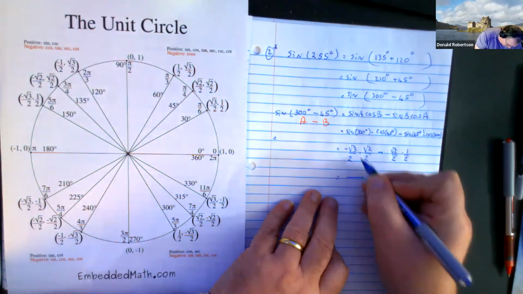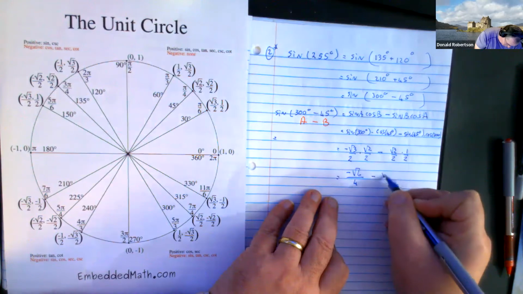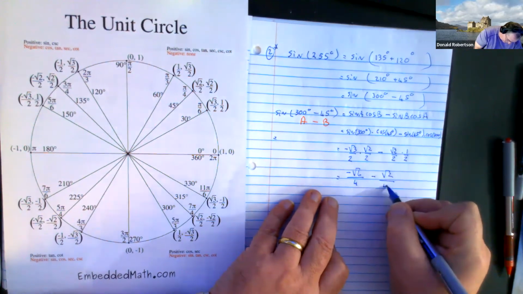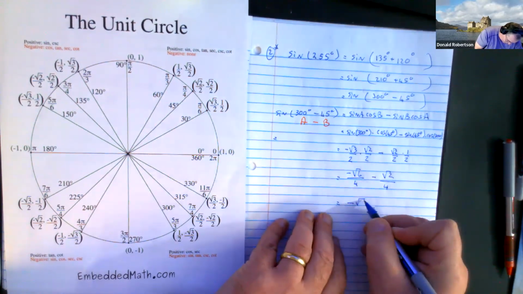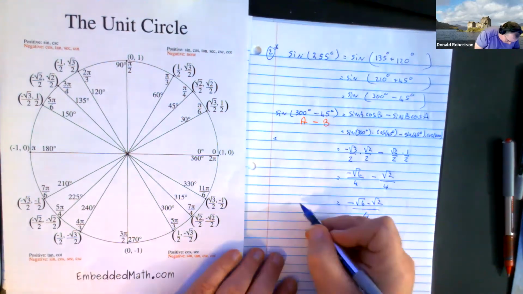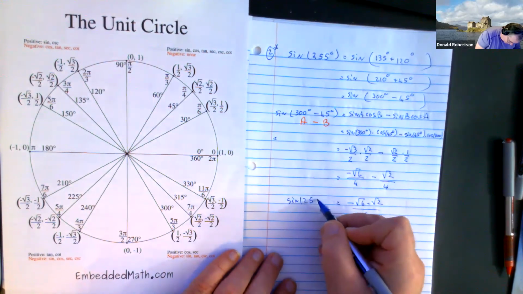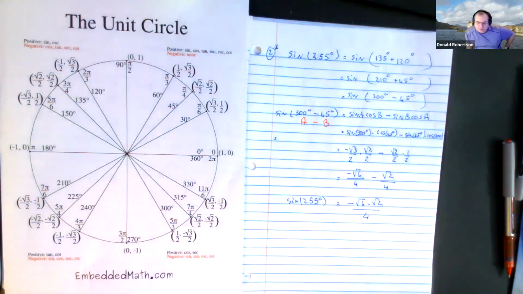And if you multiply these together, you get negative root 6 over 4. And if you multiply these together, you get that guy, and they share a common denominator, and there is our answer. The sine of 255 degrees.